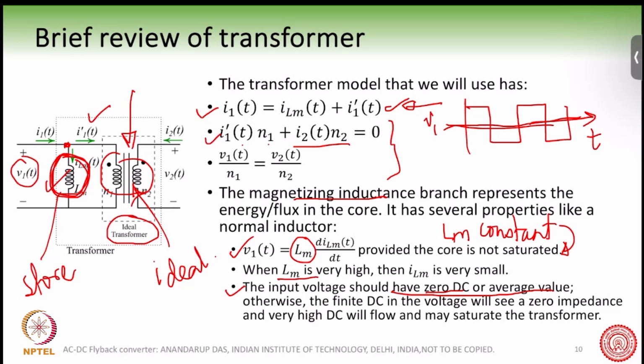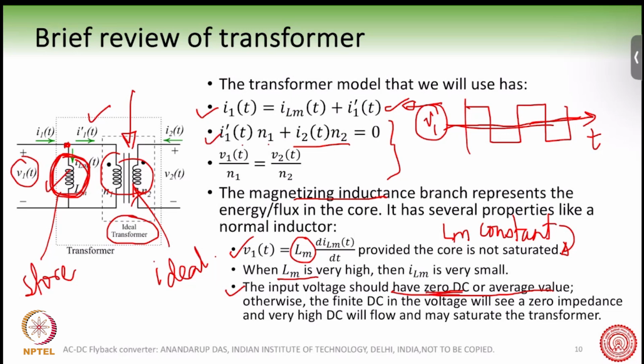The transformer will operate nicely with a square wave also. This is sometimes a little difficult to comprehend, but a transformer can work equally well with a sine wave as well as a square wave. So there is no issue about it. This voltage V1(t) is going to be a square wave, and the important point is that it should have zero DC.